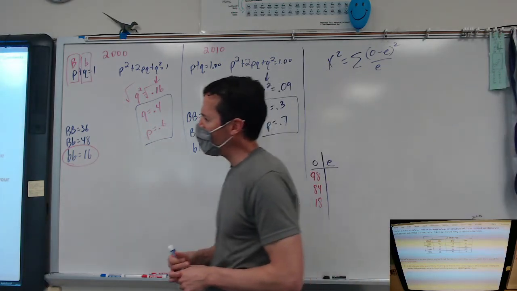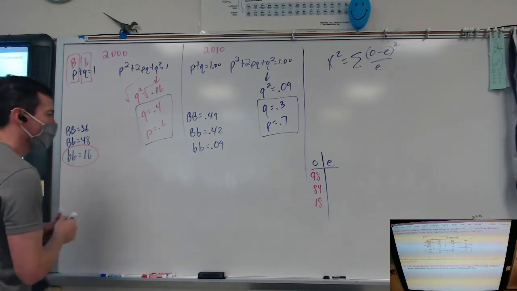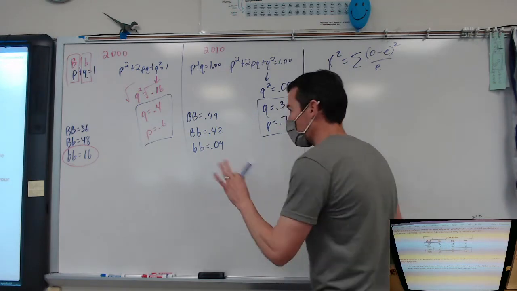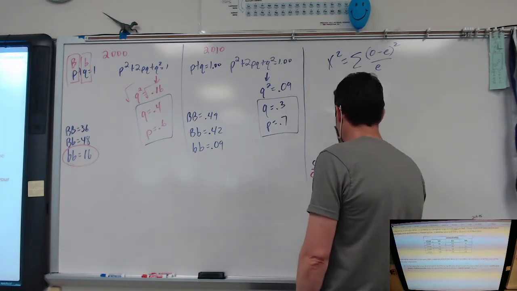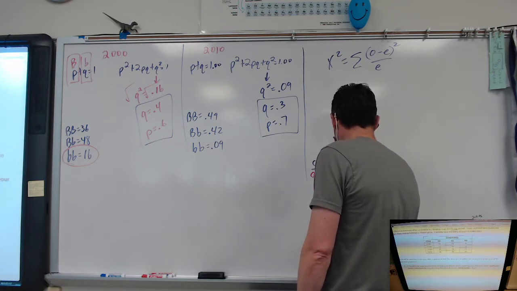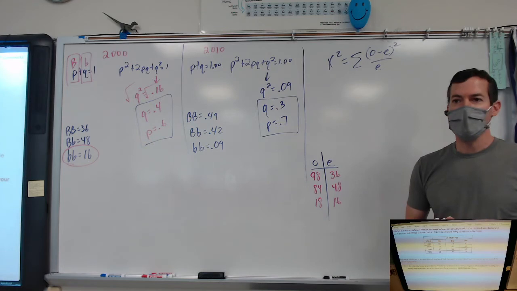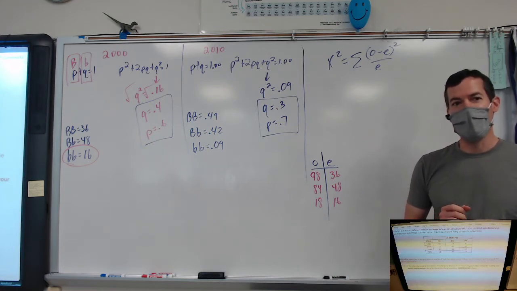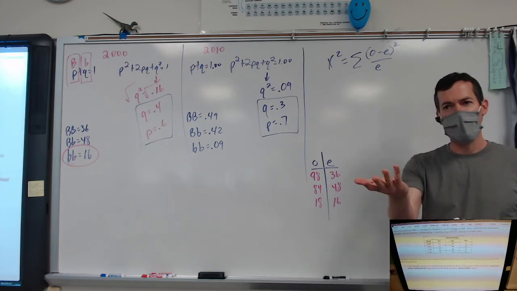I could say, well, I expect to observe the same stuff from 2000. So I expect 36, 48, 16 again. And this is incorrect. I'm going to put 36, 48, and 16. What's incorrect about that? Why is that not logical? Yeah, it adds up to a different amount.